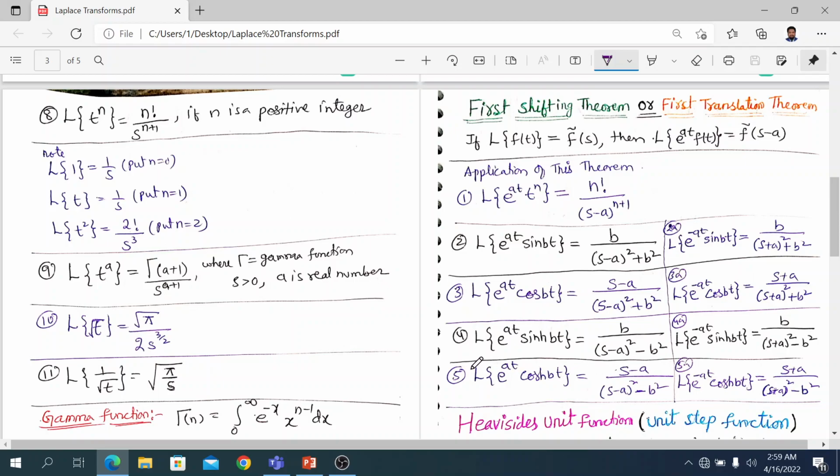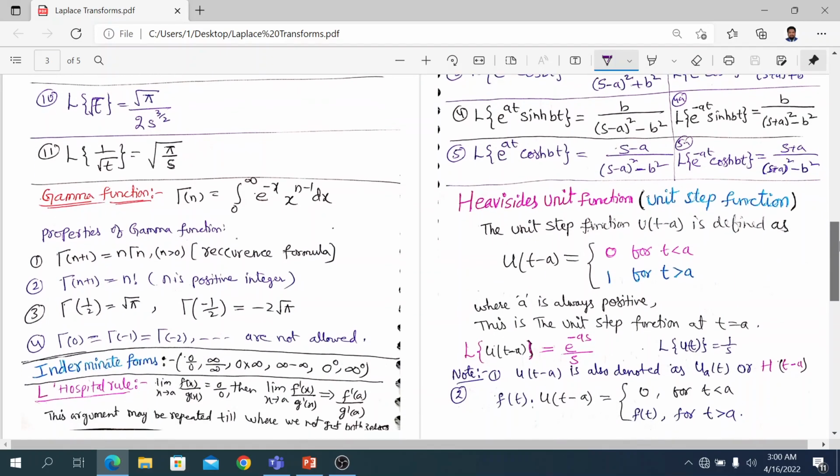Next formula, Laplace of e power of at cosh bt is equal to s minus a by s minus a whole square minus b square. Likewise, if it is minus, Laplace of e power of minus at cosh bt is equal to s plus a by s plus a whole square minus b square.